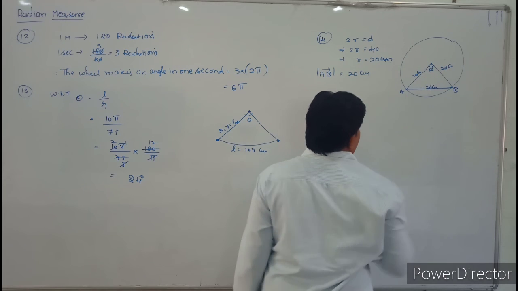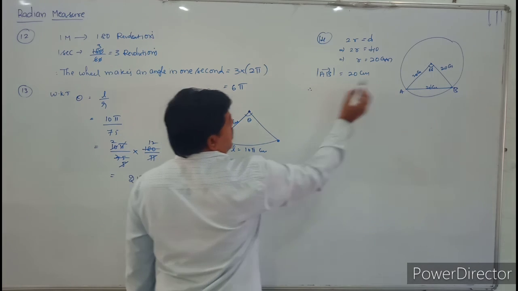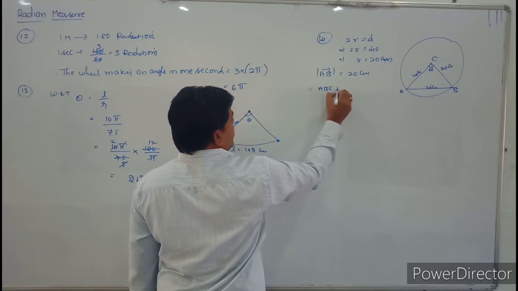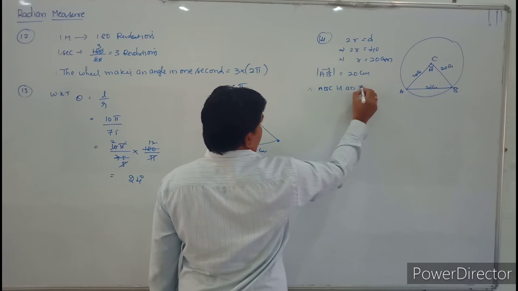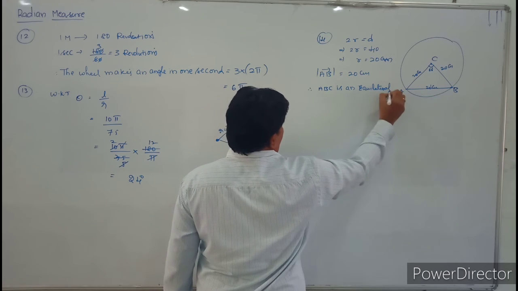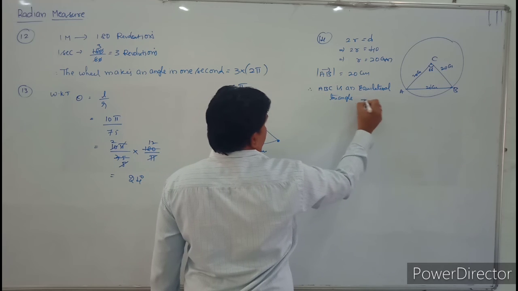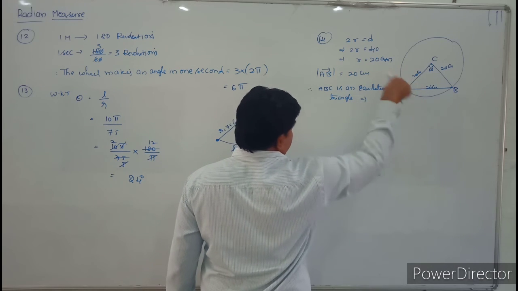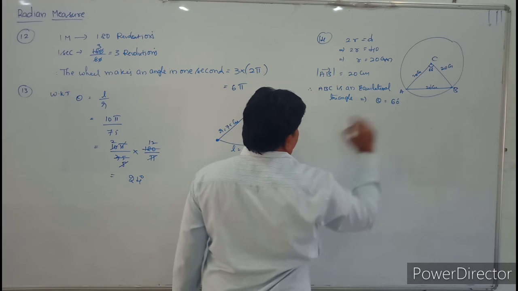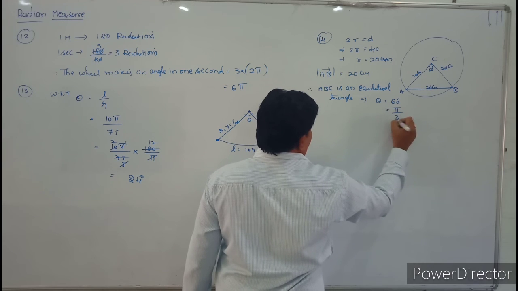Therefore ABC is an equilateral triangle. That implies angle C is theta, so theta is equal to 60 degrees, which is pi by 3 radians.